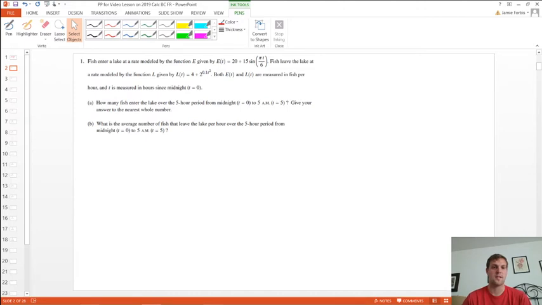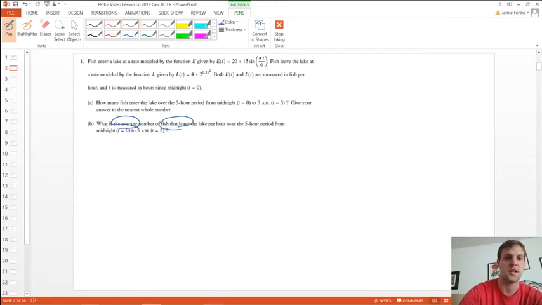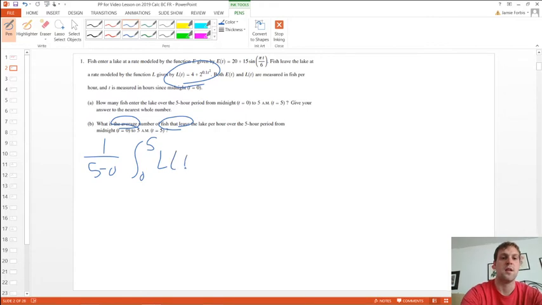Part B says, what is the average number of fish that leave the lake over the 5-hour period from midnight to 5 a.m.? Average and leave, so we're going to do average value, which is 1 over 5 minus 0 times the integral from 0 to 5 of our rate out equation, L of t. This was my y2 in my calculator.